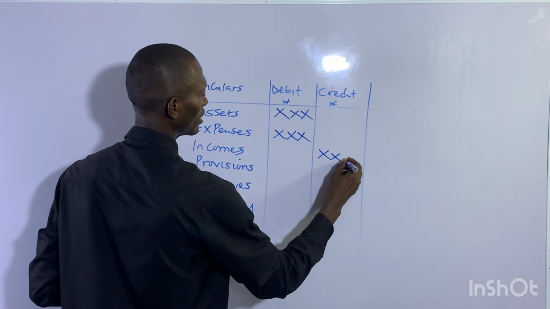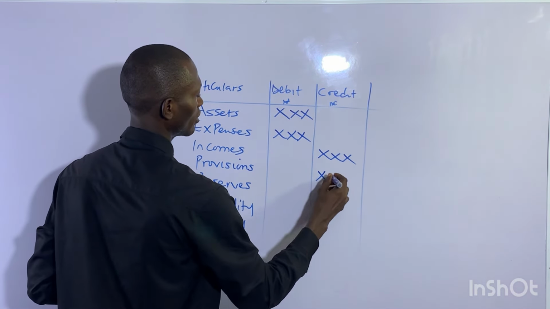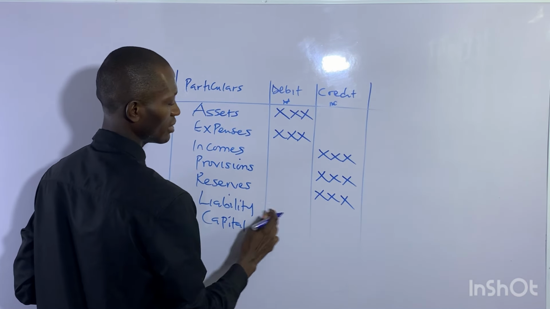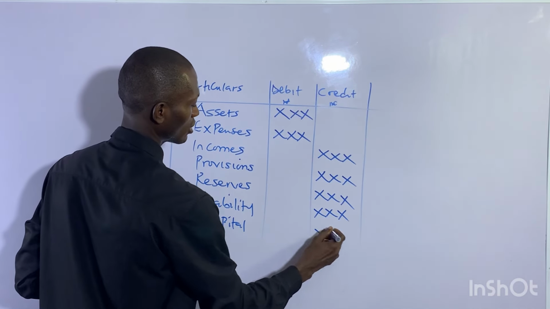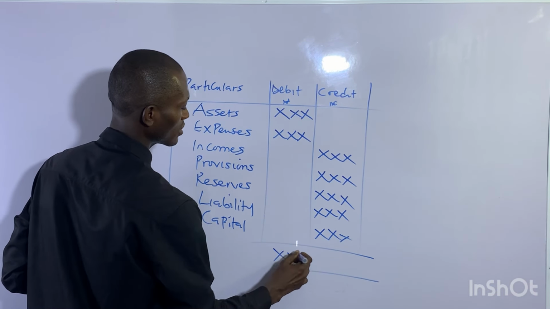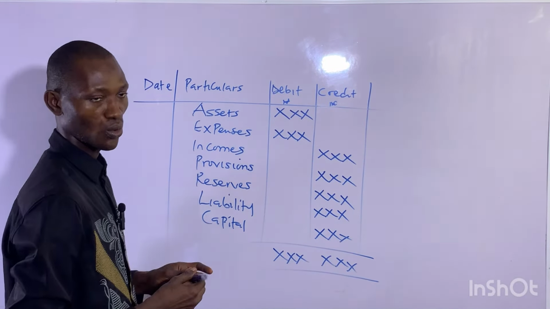Incomes must be credited. All incomes must be credited. Provisions must be credited. Reserves must be credited. Liabilities must be credited. Then lastly, capital must also be credited. So what you have here is that the two sides must be equal.